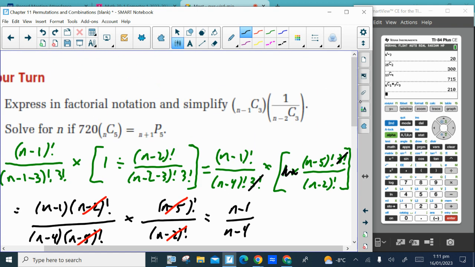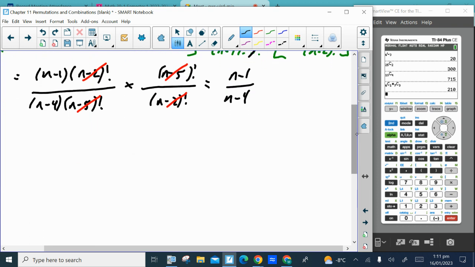Part B, solve for n if 720 times NC5 equals n plus 1 P5. So that right side involves permutations, not combinations. So 720 times NC5 is n factorial over n minus 5 factorial times 5 factorial.